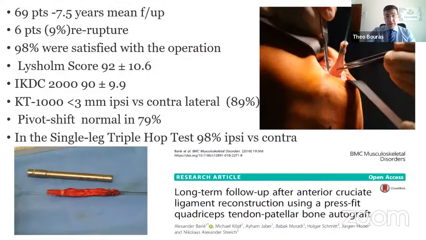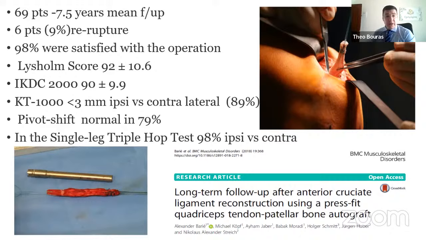And in this very recent study as well, the authors used a press-fit quadriceps tendon patellar bone autograft. They had a 7.5 years follow-up with 6 patients, 9% re-rupture, and they found good results as well, as expected.